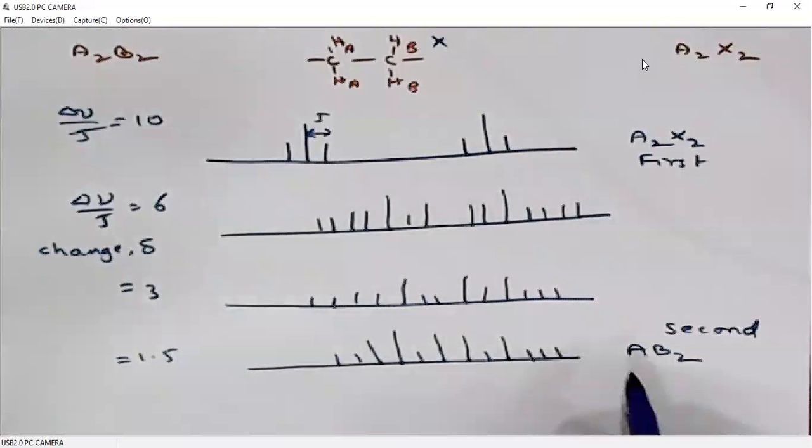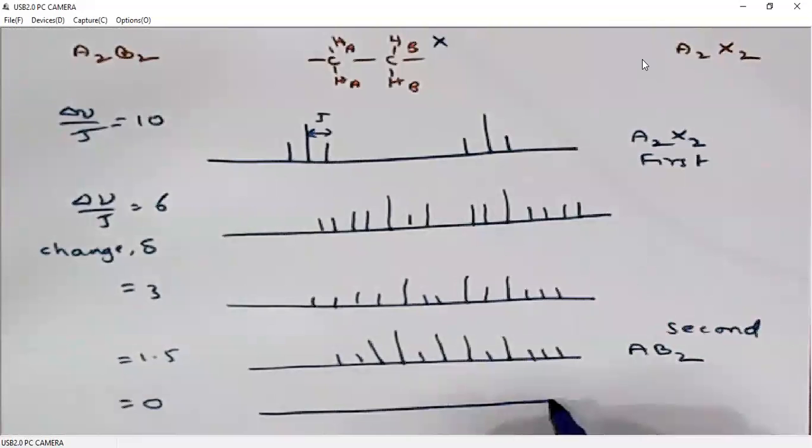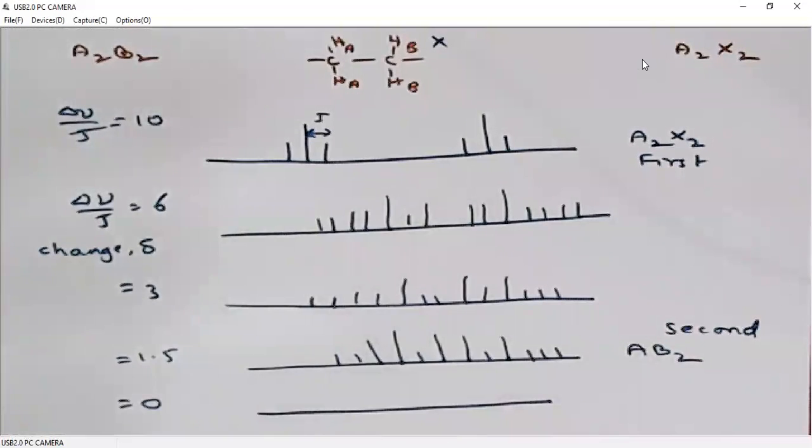So it becomes AB2. Can we have a zero value? Yes. Why not? Because there are two protons on this carbon and two protons on this carbon. If they are chemically equivalent, then what will happen?